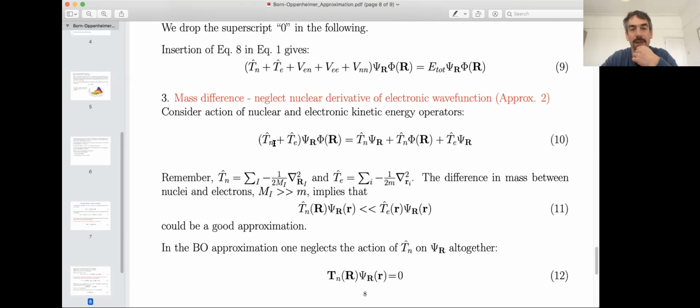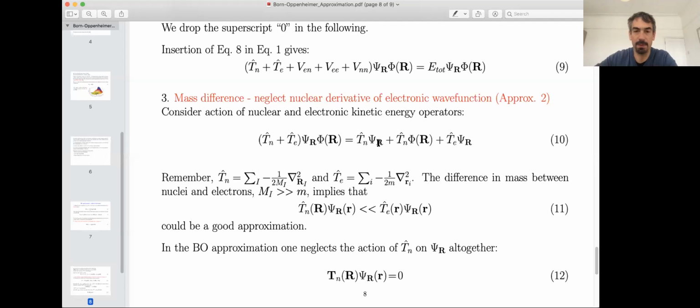That means the action of the nuclear kinetic energy operator on that electronic wave function is not zero, nor a constant, it's a function of R. Therefore, we cannot neglect it. So this operator acting on that product, you have to use the chain rule. It operates on the Tn of psi of R.